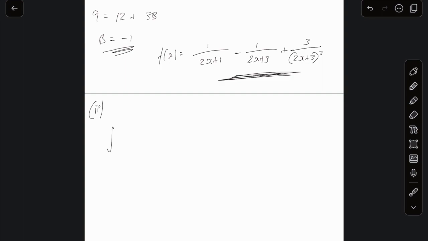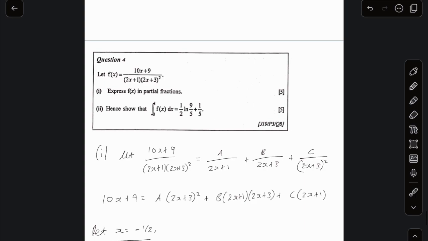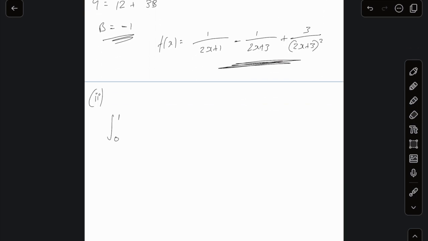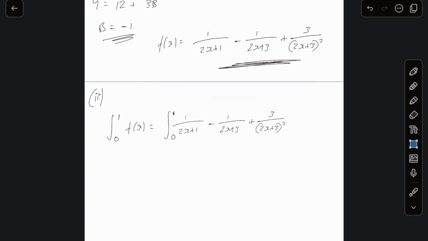So I'm going to say, fine, the integral between 1 and 0 of f of x is equal to the integral between 1, 0 of this over here. Okay, dx. In fact, it's really put f of x dx here.